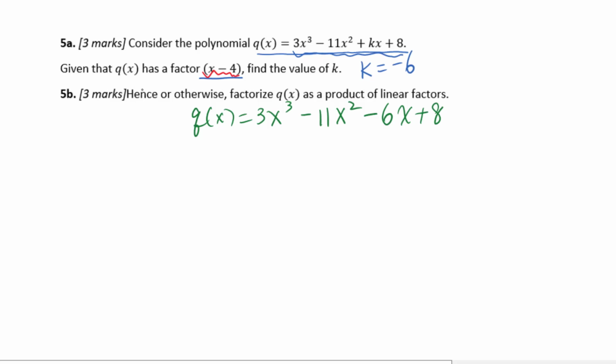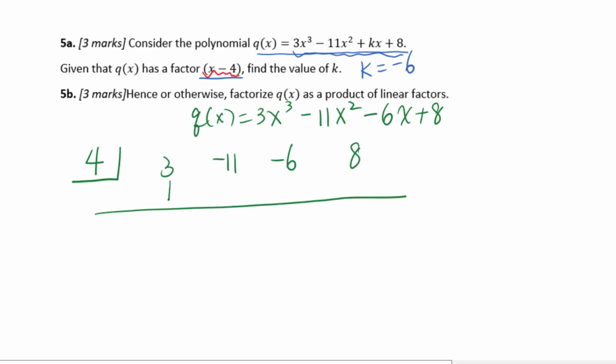For 5b, hence or otherwise factorize q of x as a product of linear factors. We will do synthetic division to figure out all the linear factors, or all the zeros. Root in the corner, no missing power: 3, negative 11, negative 6, 8. Drop down 3.